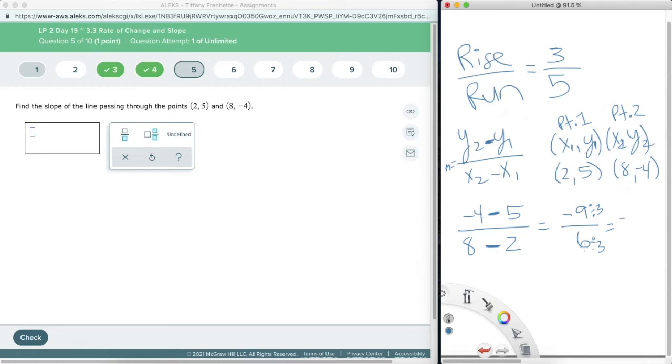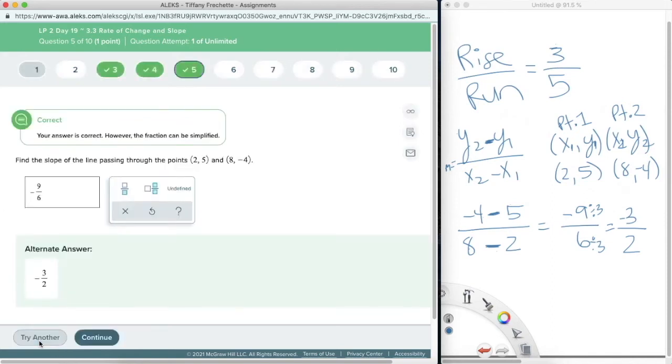And I can even show you the warning that it'll give in just a second. So -9 divided by 3 is -3. 6 divided by 3 is 2. So before I type in the reduced answer, I'm just going to show you when I try to type in -9/6, it's going to give me a warning and say your answer is correct.